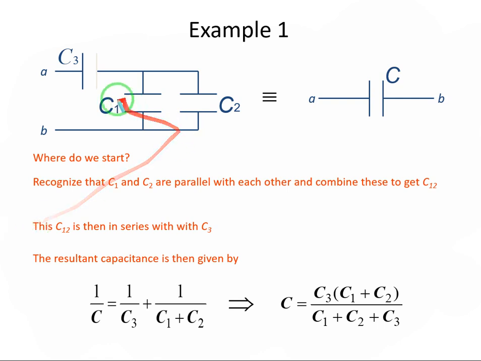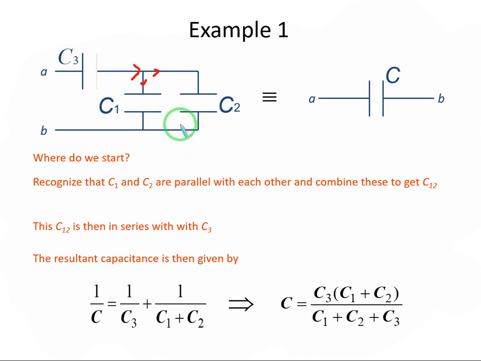Okay, another example: we have a series and parallel combination. We have C1, C2 and C3. First of all, we are going to find the equivalent of the capacitors. Initially, if you look at this node, the current is going to be divided, so they are in parallel.